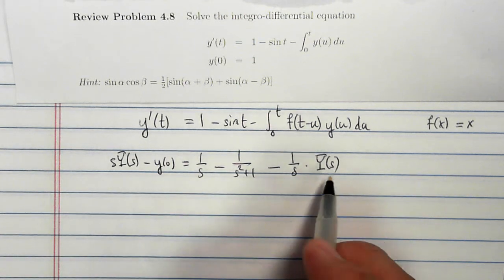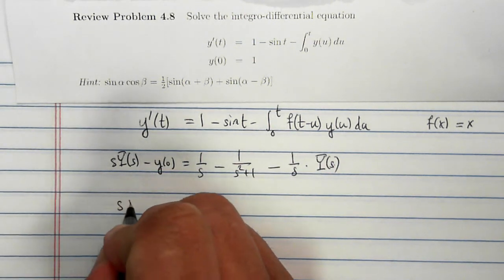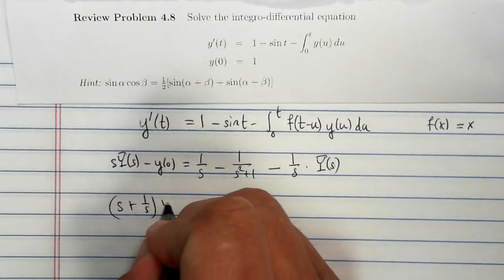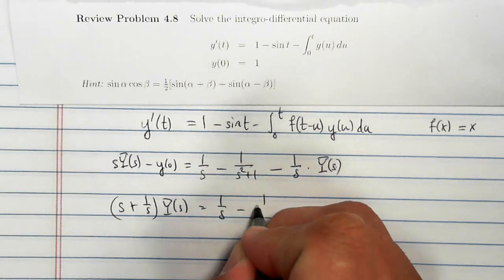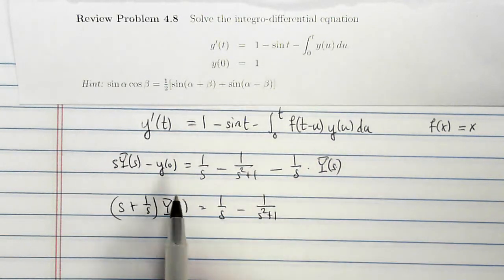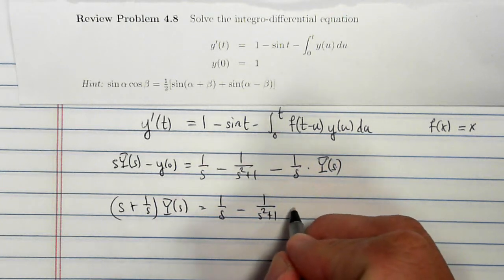So now we solve for Y of s. We'll bring this Y of s over to the left-hand side. We get s plus 1 over s times Y of s equals 1 over s minus 1 over s squared plus 1, and then this is a minus 1 here, which brings the other side as plus 1.